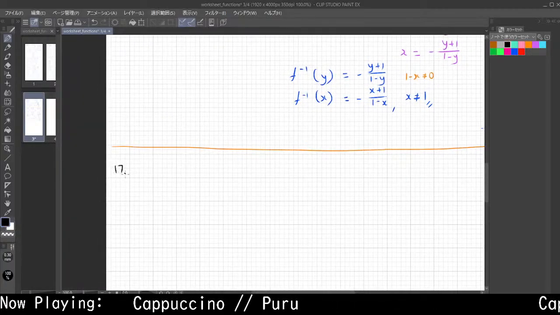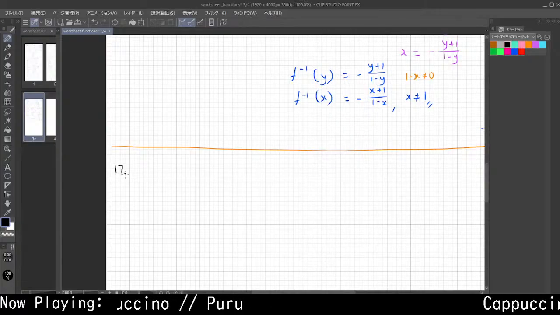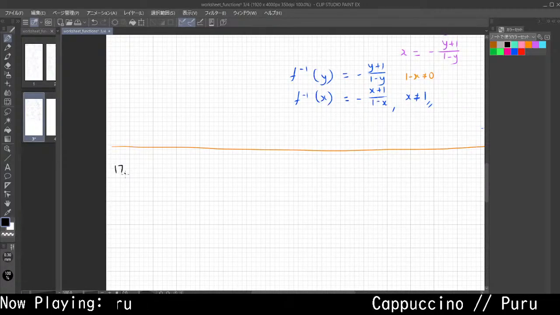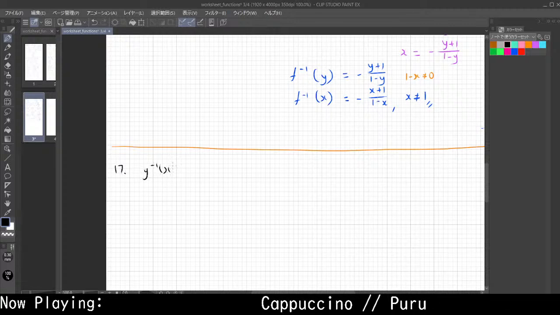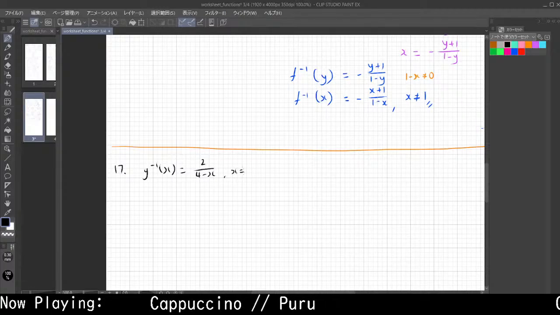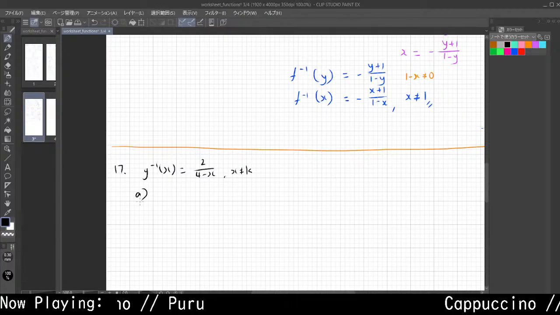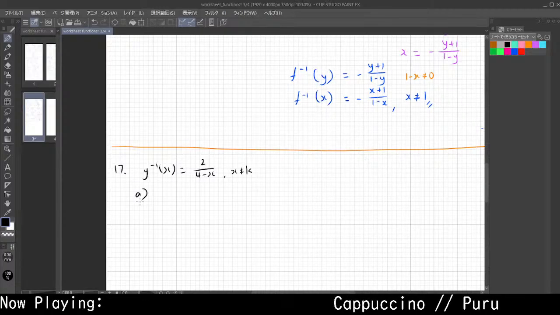Okay, 17. The inverse function g inverse is defined by g inverse x equals 2 over 4 minus x, x not equal to k. So question A asks you to state the value of k, which is basically the value that x cannot be equal to, due to the denominator cannot be equal to 0.